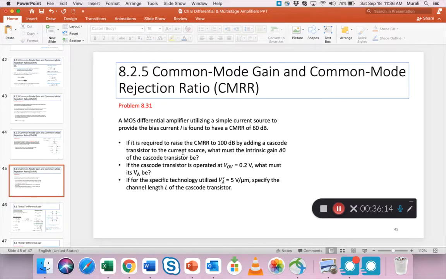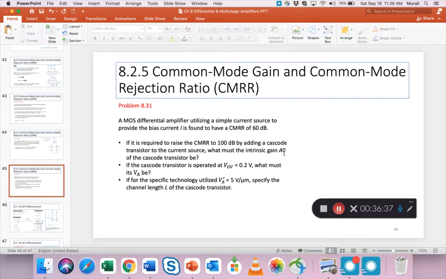So you have to pick a cascode transistor to go with the current source, and so we need to find the intrinsic gain AO.